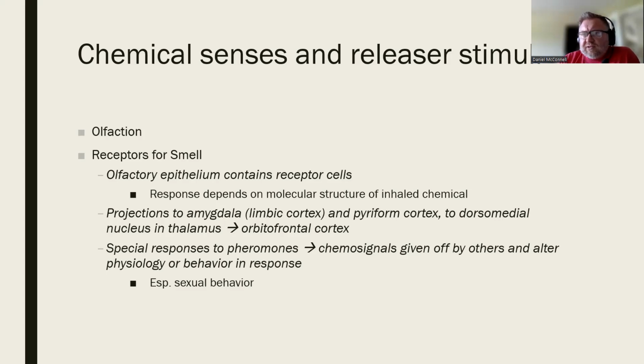And so just like there are receptors on dendrites of neurons that are unlocked by neurotransmitters that have a specific molecular shape, the taste and smell receptors are unlocked by specific molecular shapes. But in this case, it's not from neurotransmitters, it's from things that we inhale, right? And the molecules of that chemical that we inhale will activate certain classes of receptors in the nose that triggers signals from those nerves that then travel to various brain structures.